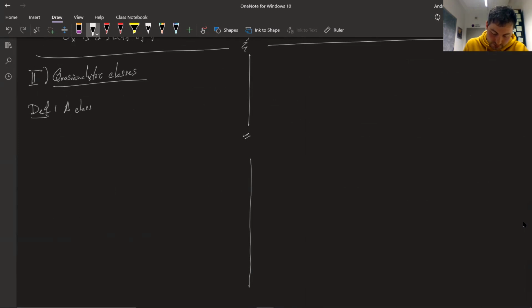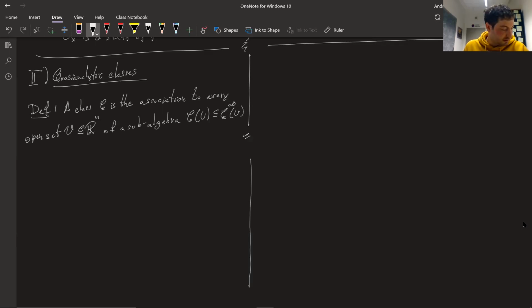A class C, which will always mean of C-infinity functions, is the association to every open set U in R^n, and I'm only doing the real case, of a subalgebra of C-infinity functions C(U), such that, first, we want it to contain all the restricted polynomials.